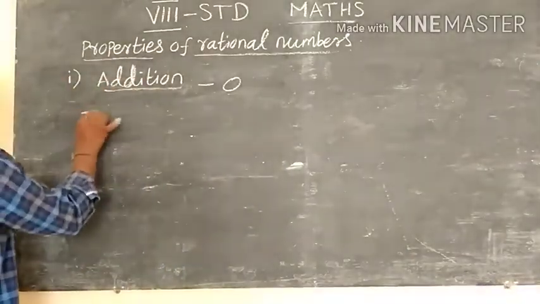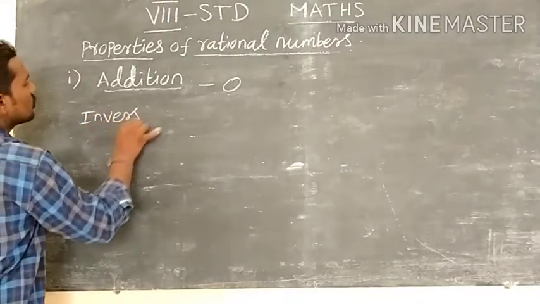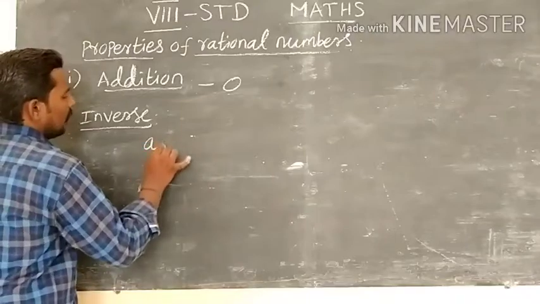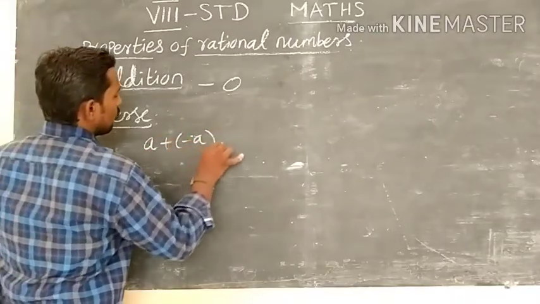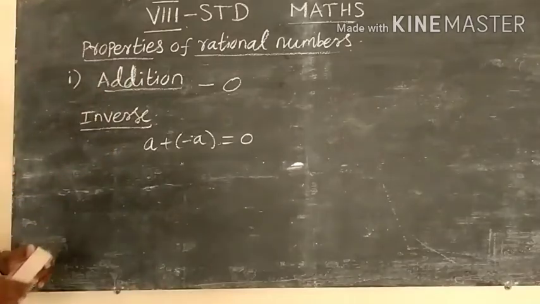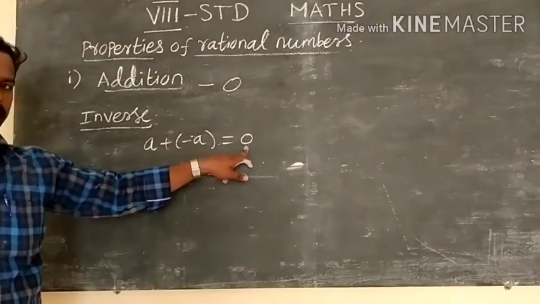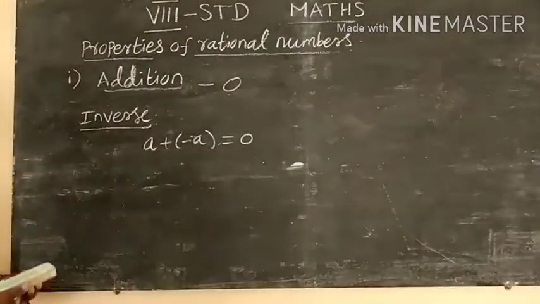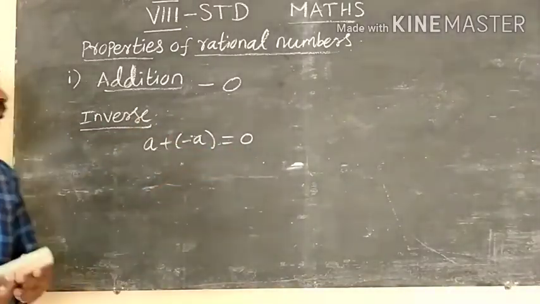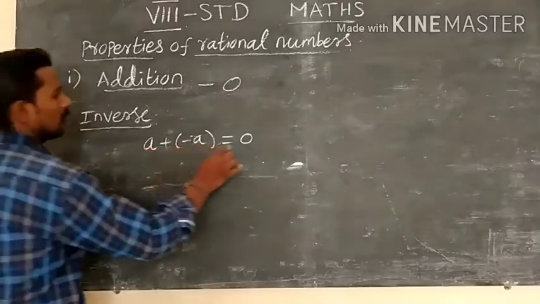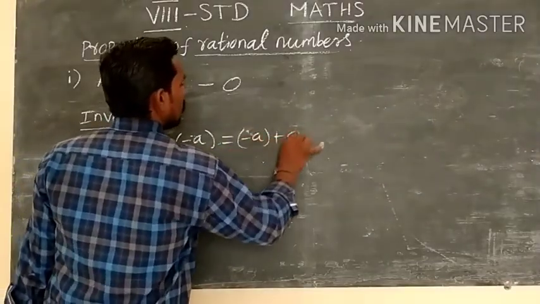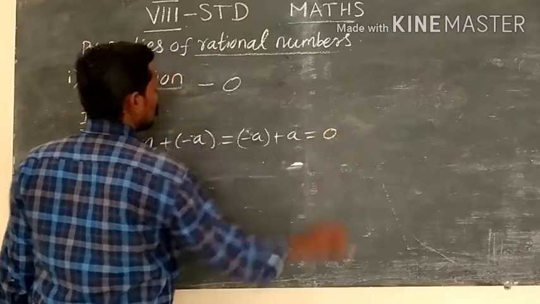Then the inverse property: a plus minus a is equal to 0. For the inverse property, 0 is the identity element of addition. So under addition, minus a is the inverse of a. This is also minus a plus a equal to 0.